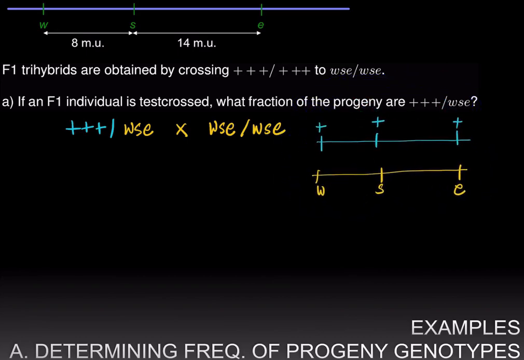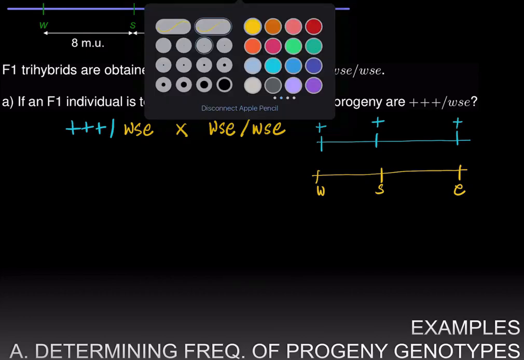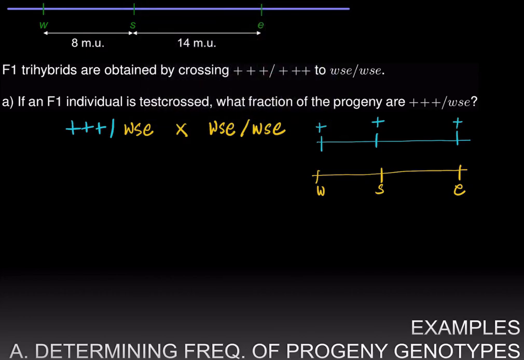And I brought the map over here. And the question asks, what proportion of the progeny, so the probability of obtaining a plus plus plus over WSE individual in the progeny.